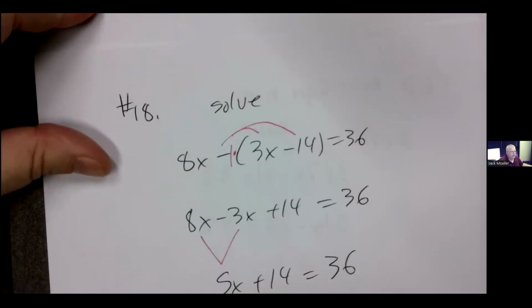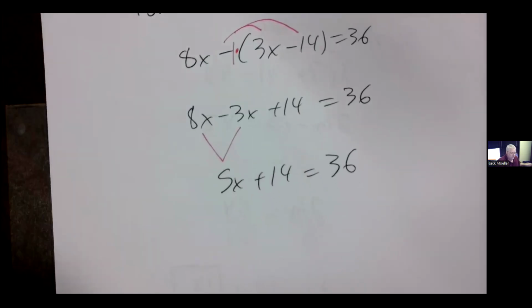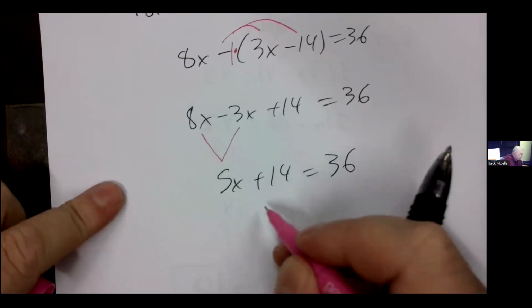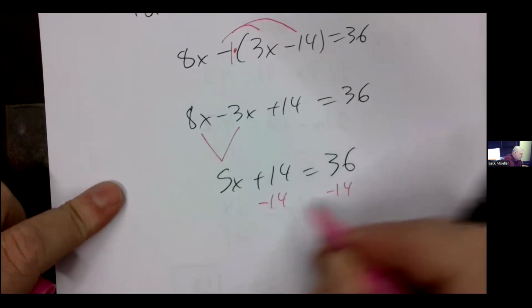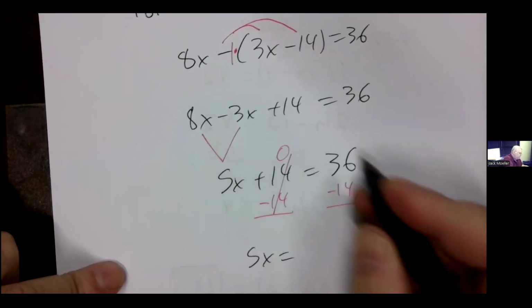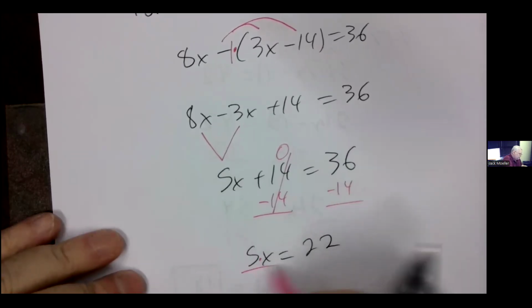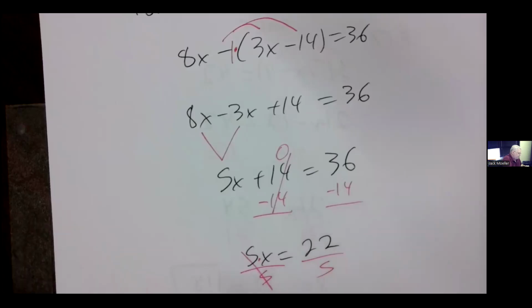So we had to distribute that negative, change the signs, combine like terms, and now we're going to get x on the left, so that's where it is. We're going to subtract 14 from both sides. 5x equals 22, and then it's 5 times x, so we divide both sides by 5.